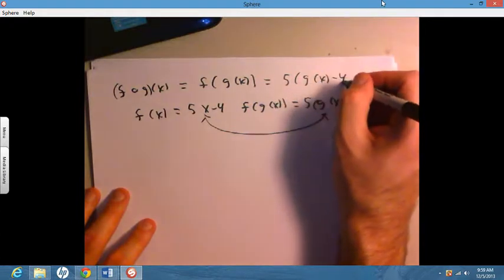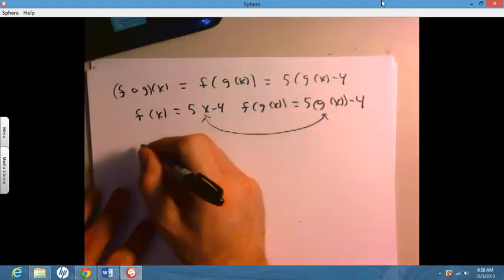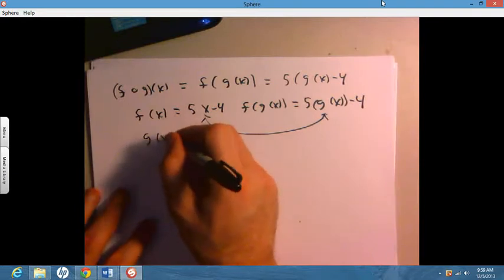So this is equal to 5 times g of x minus 4. But I'm going to note that g of x is equal to x plus 8.